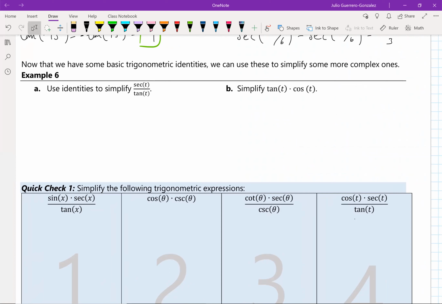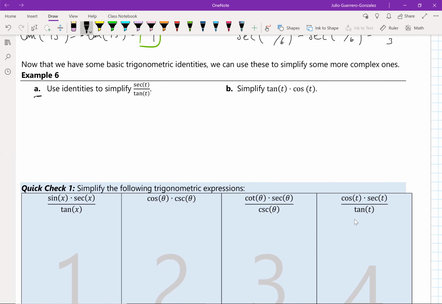For example, for A, simplify the identity secant t divided by tangent t. The best thing you can do for now is switch everything back to their bases of sines and cosines.